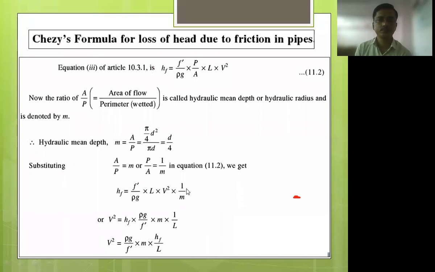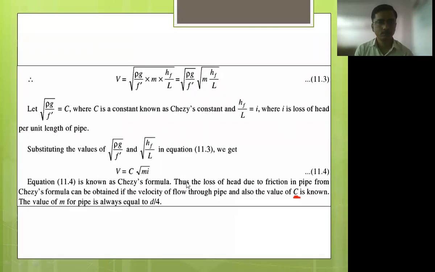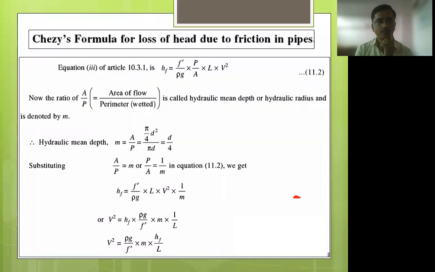Now here you note down: write down A by P, or write like this, M is equal to A by P is equal to hydraulic mean depth or hydraulic radius.